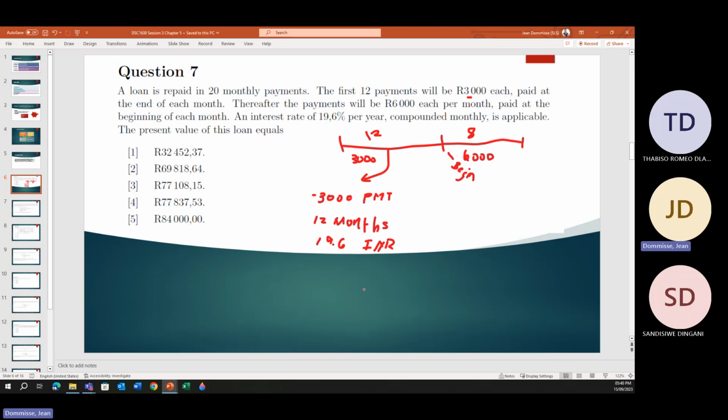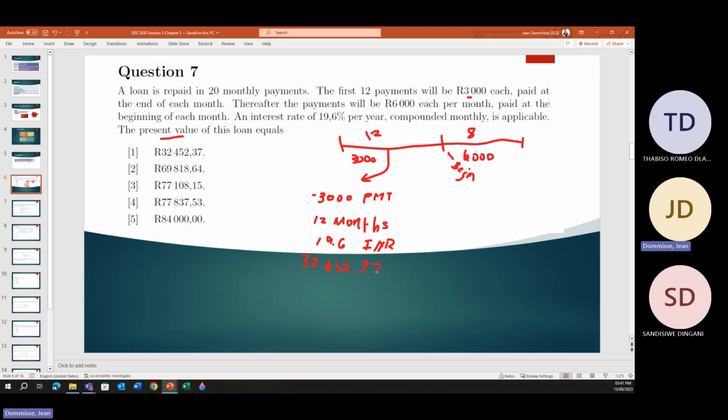And they've told us that we need to work out a present value. So if we put that into our calculator to work out the present value, we get 32,452.37.